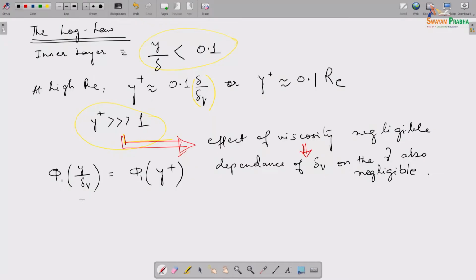So in that, the effect of viscosity is negligible, which essentially means that the viscous length scales delta v, their dependence on the viscosity is also negligible. So this means that this will kind of become stable, which means that this is gearing towards being a constant, because the change is negligible, right?